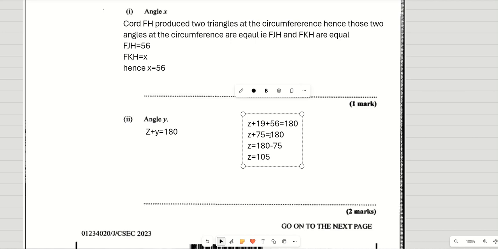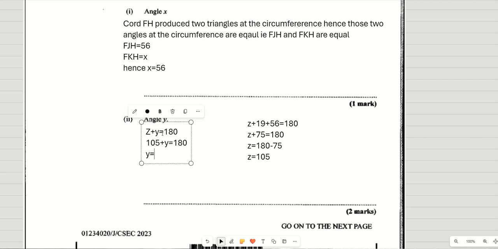So z is equal to 105. Now I wrote this down here, that is 105 plus y is equal to 180. So y would be equal to 180 minus 105. So y is equal to 75. Alright, and that is how you would do this.